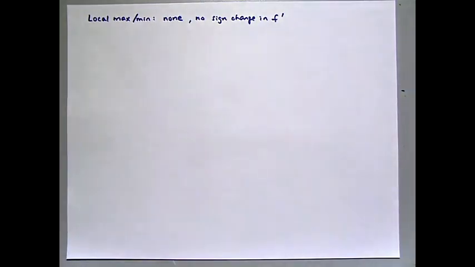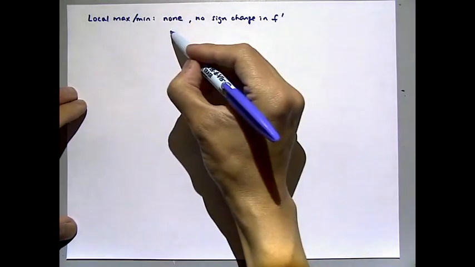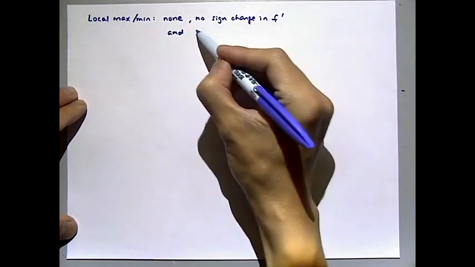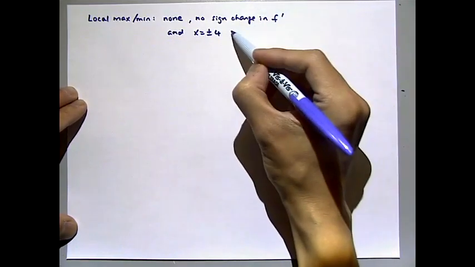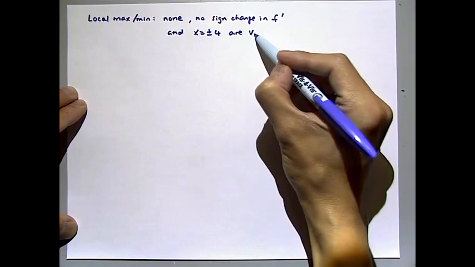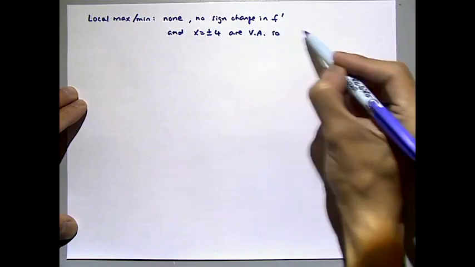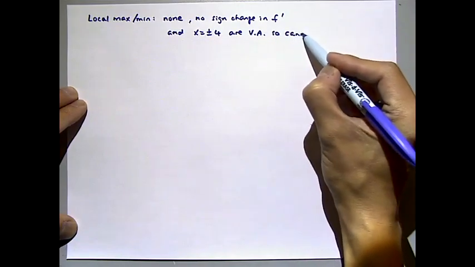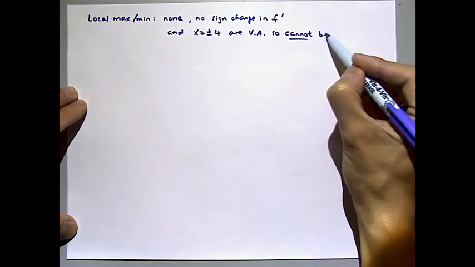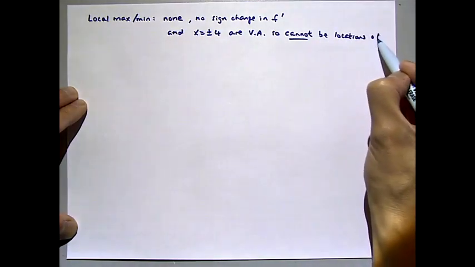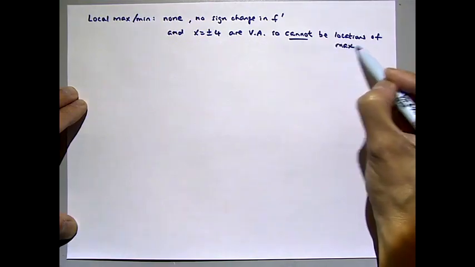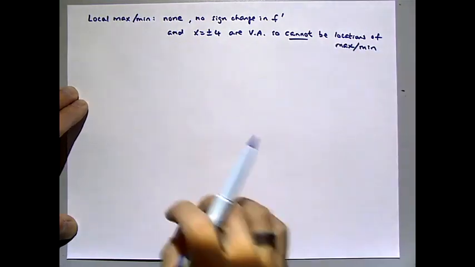So there are no local max and min. Also, x equals plus or minus 4 are vertical asymptotes, therefore they cannot be locations of max or min.